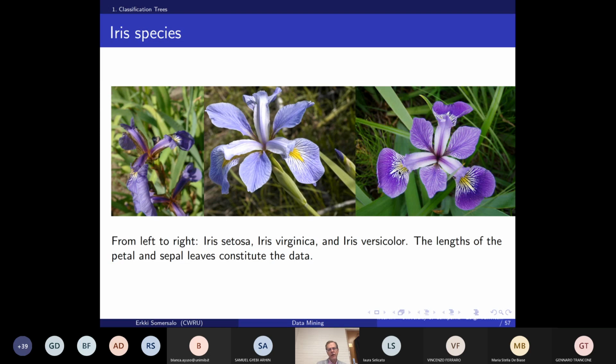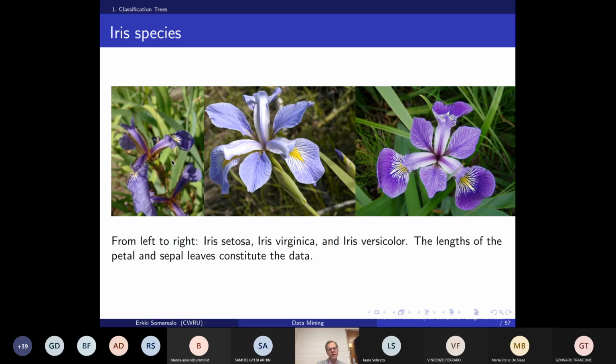So you measure the length of the petal leaf and the width of it. And then you have the sepal leaves, and you measure the length and the width. So there are 4 numbers associated to each one of these flowers. And so Anderson was looking at a quick, mechanical way of separating between these 3 iris species.